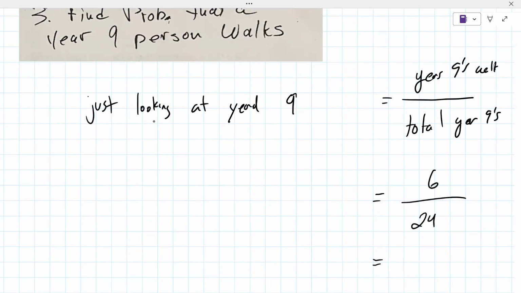Yes, what's the equivalent fraction? Okay, got it. One fourth. Yep, there we go. All right, very good.